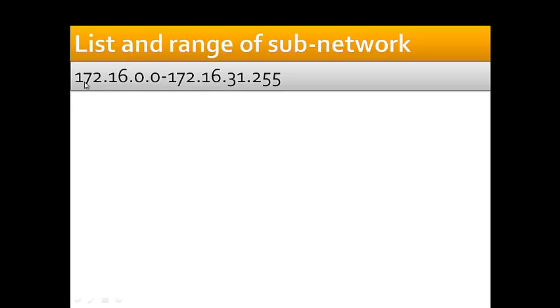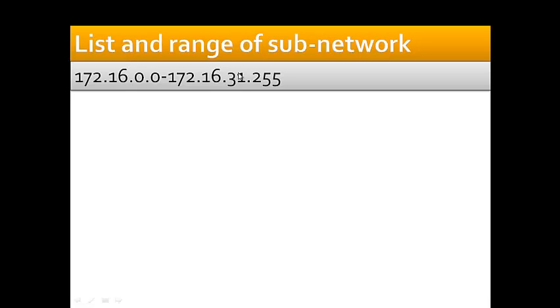So here is the network that was given, 172.16.0.0, and the range would be for the very first network, because we have made 8 networks. Our subnet mask says that we have 8 networks because we have opened 3 bits. So 172.16.0.0 to 172.16.31.